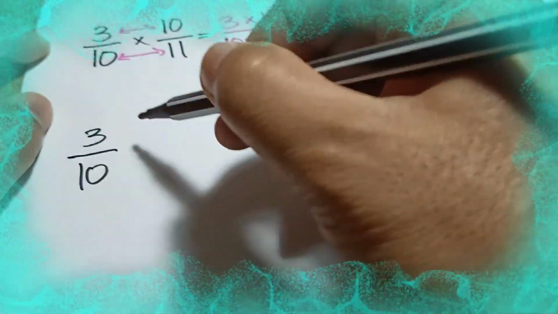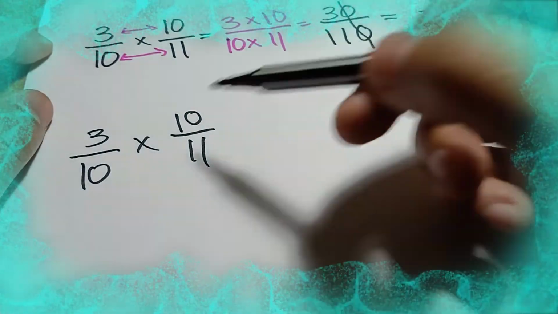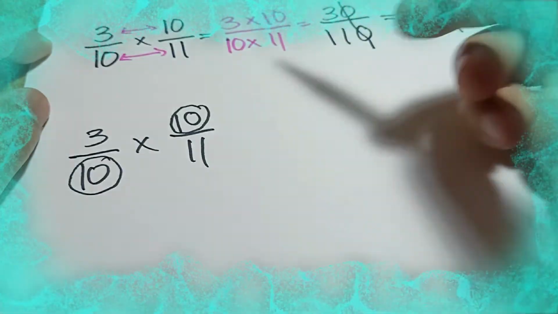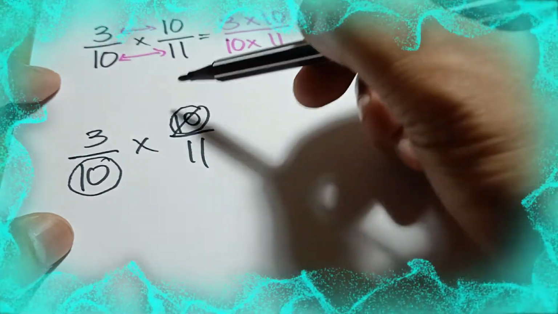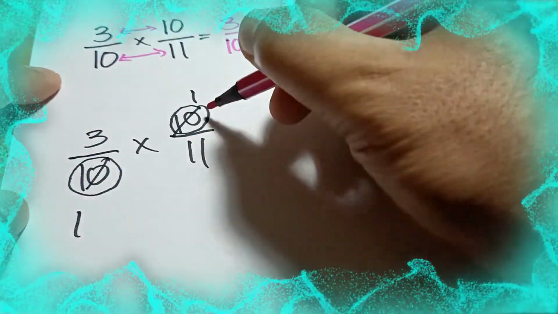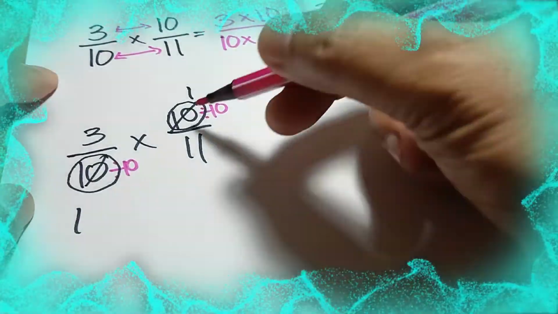While in the second method, 3 over 10 times 10 over 11. As you can see, 10 here and 10 up there. When you divide this number by 10, you will get 1, and 10 divided by 10 is 1.